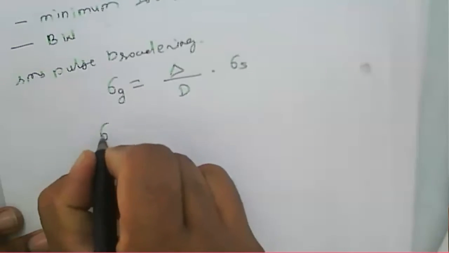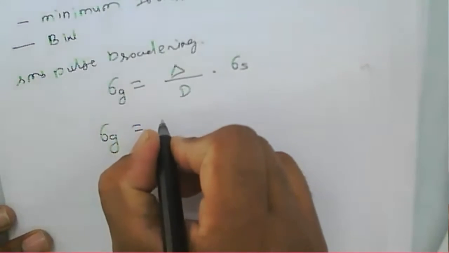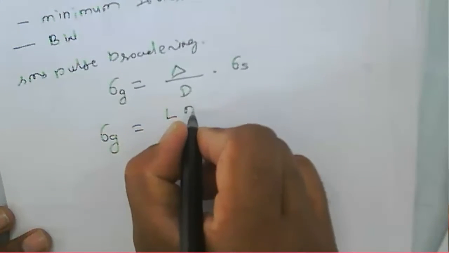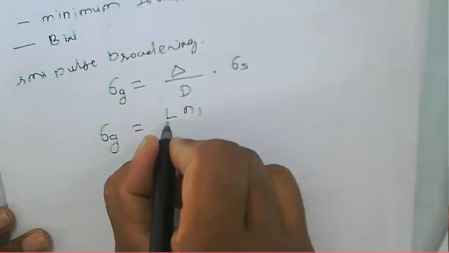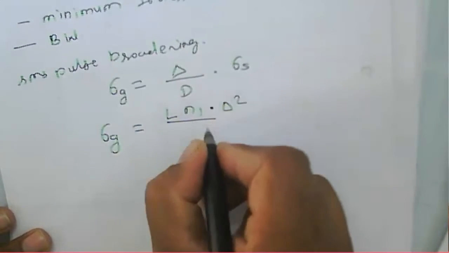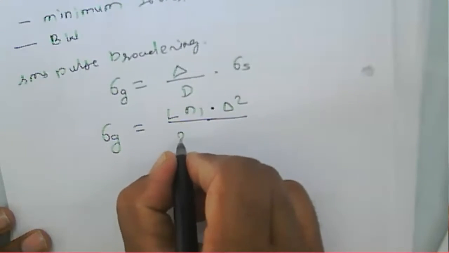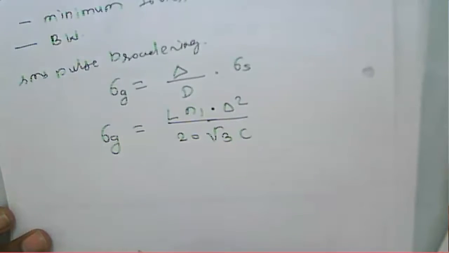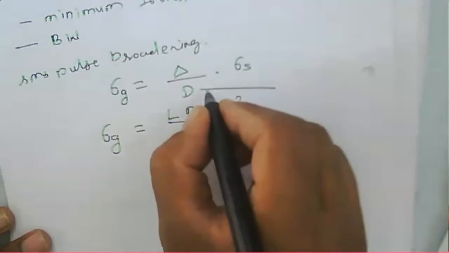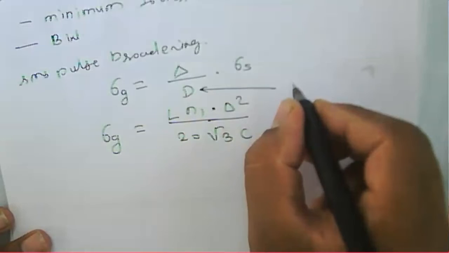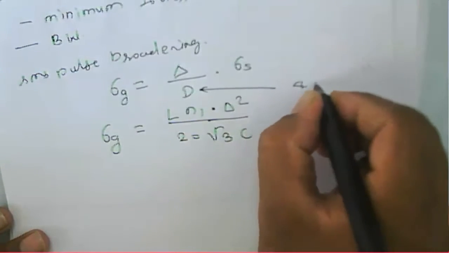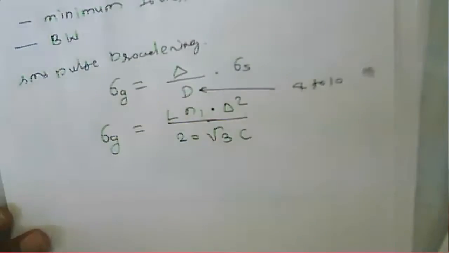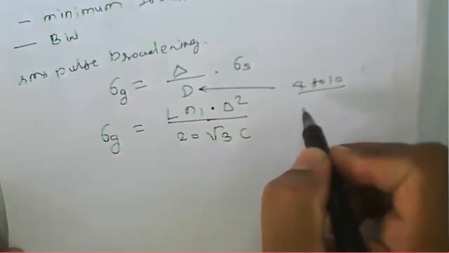Or we can write sigma G is equal to L N1 into del square divided by 20 under root 3 into C. And this constant D can be taken between 4 to 10 depending upon what the profile of the optical fiber is.